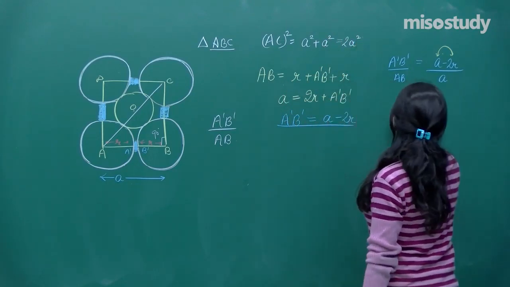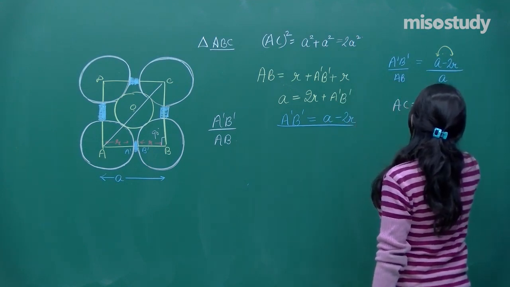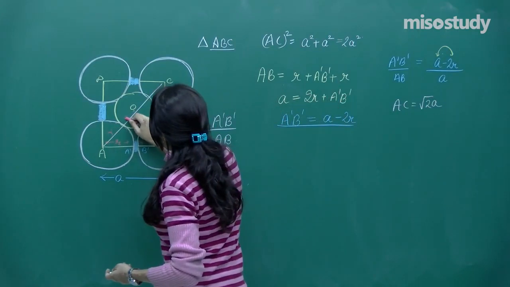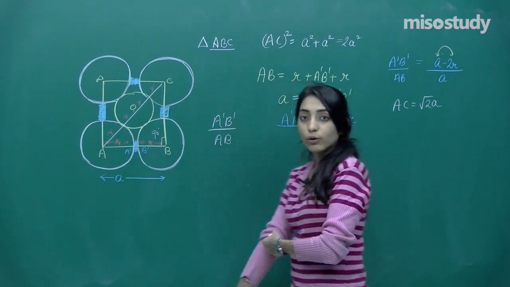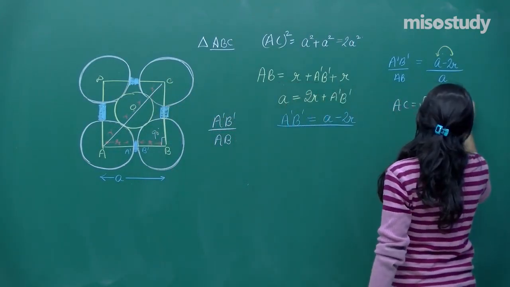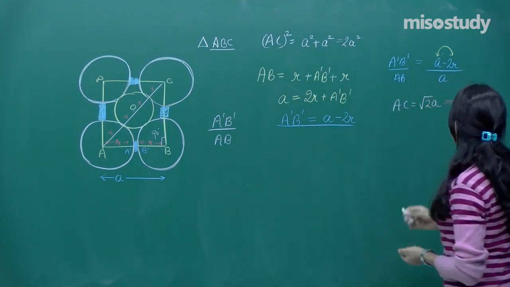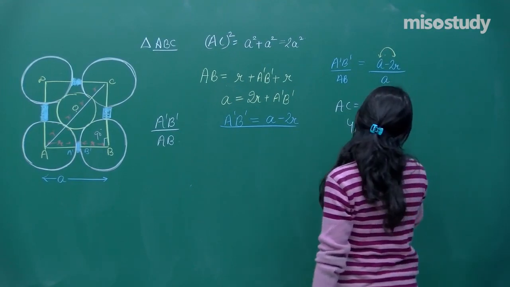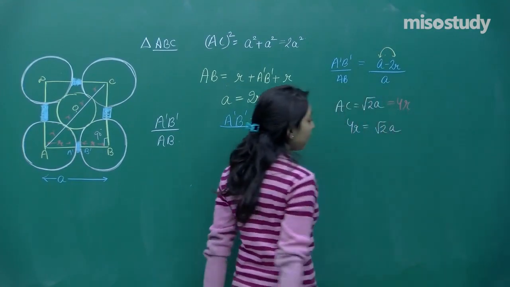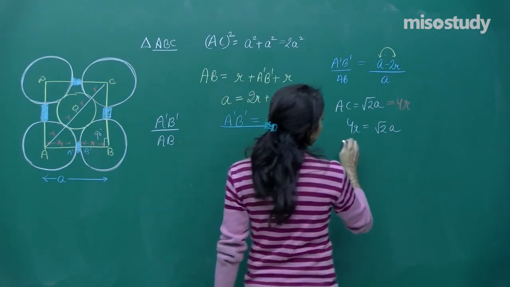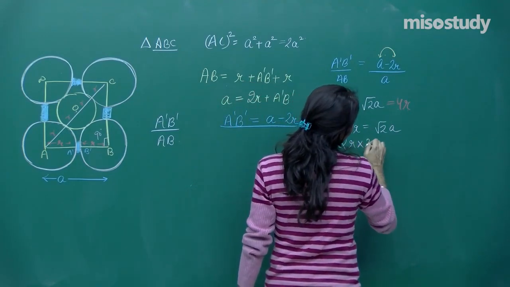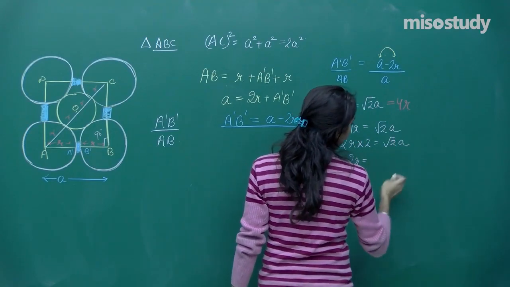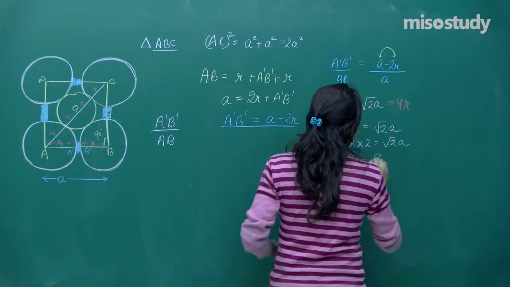That means AC will be written as root 2 A, and root 2 A is equal to 4R. So finally we got the value of 4R. So you can say 4R is equal to root 2 A, right? So you can say 2R into 2 is equal to root 2 A. What will be the value of 2R? A by root 2.